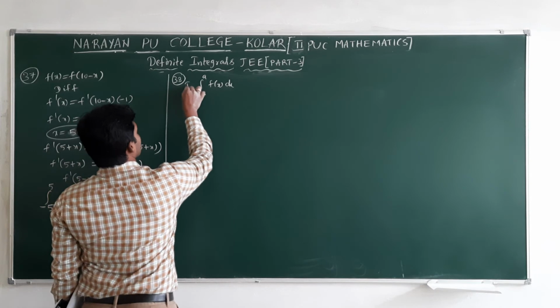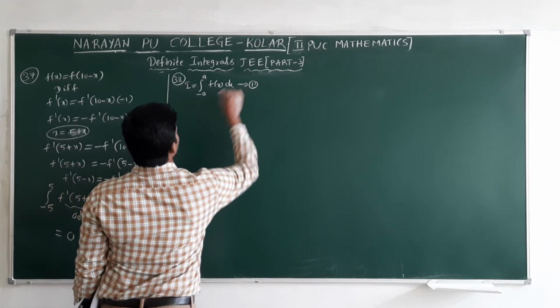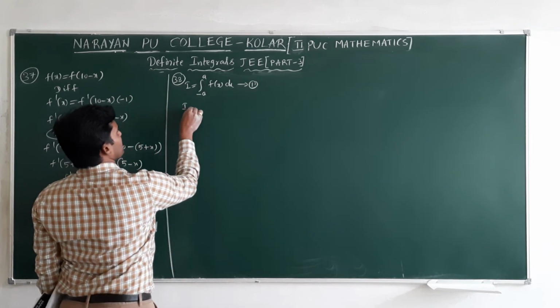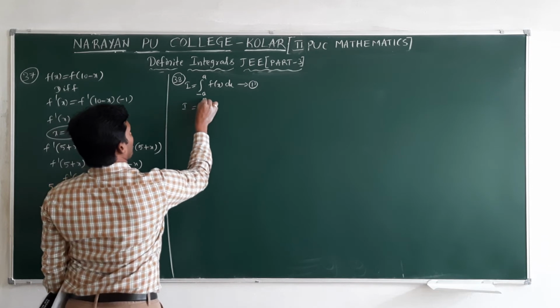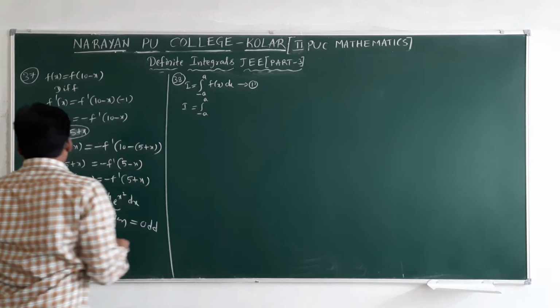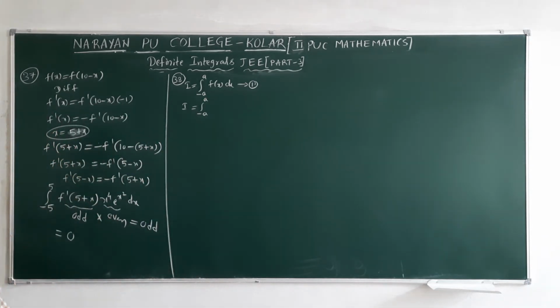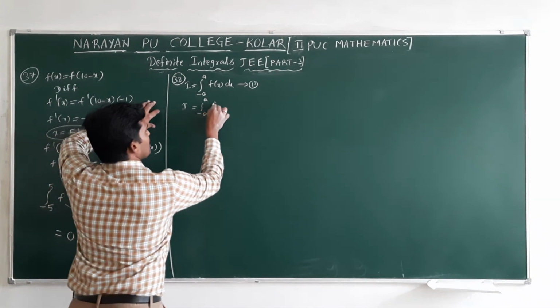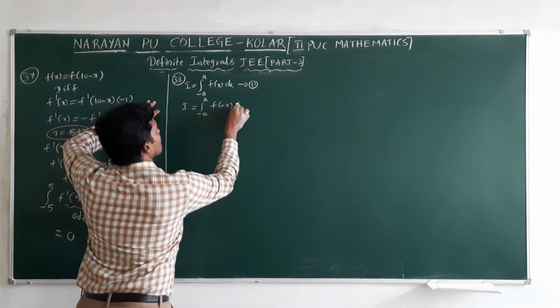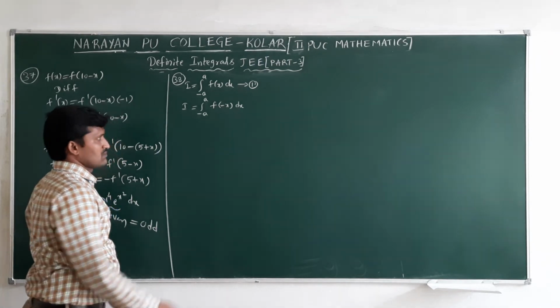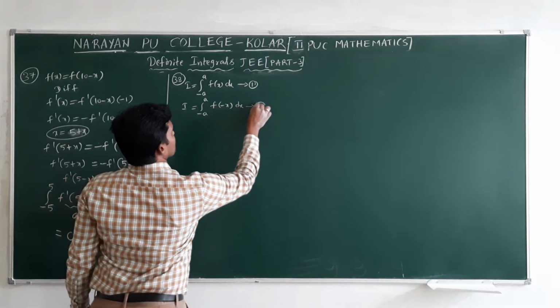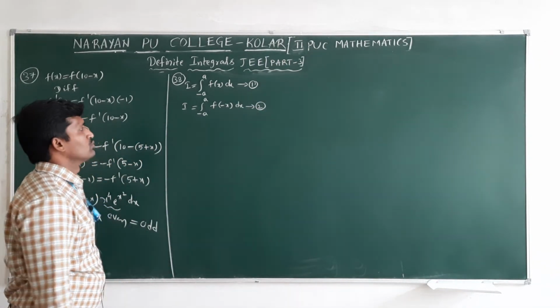Okay, this one is considered as I, equation number 1. Apply the property. What property here? Now minus a to a is there, we have to replace x with minus x into dx. This is equation number 2.